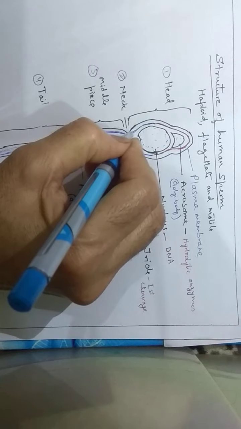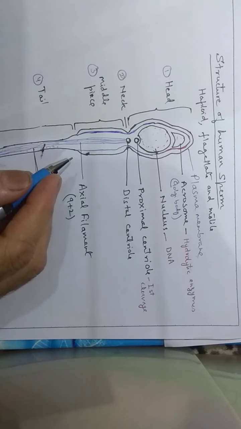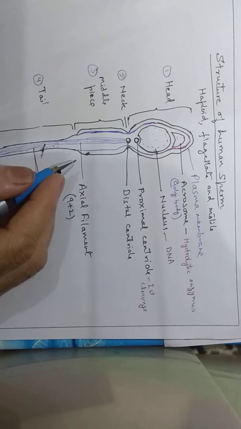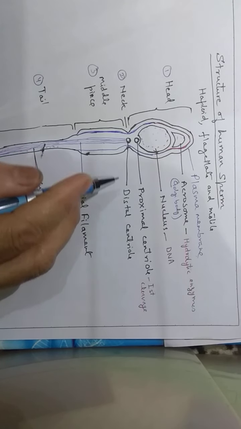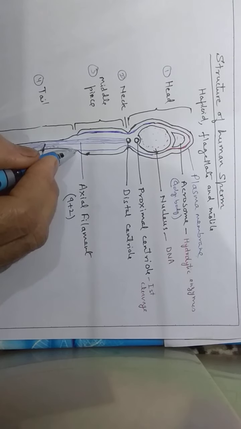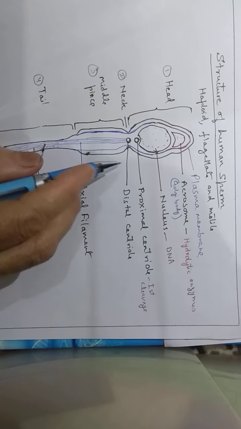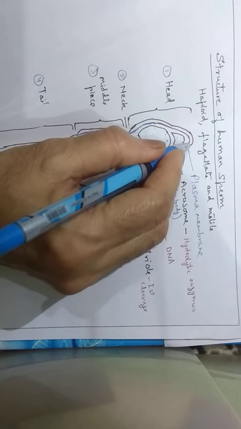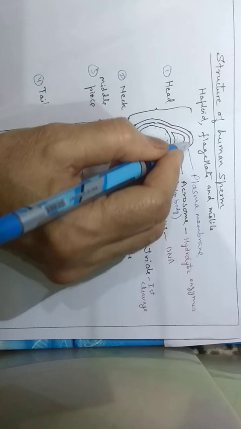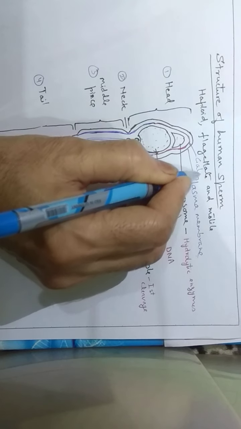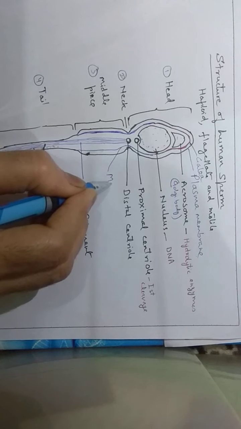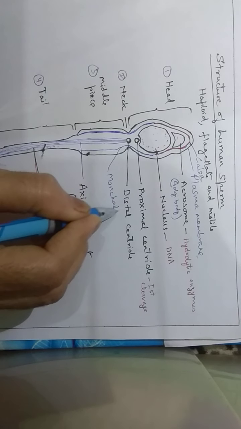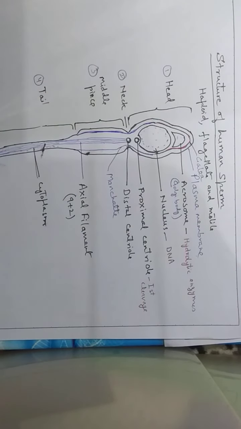So this is the membrane inner to the plasma membrane, and there are many things here.